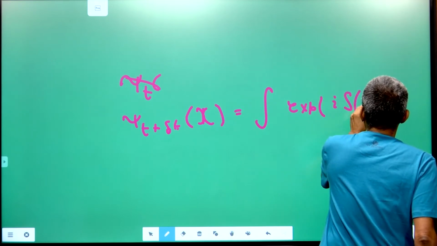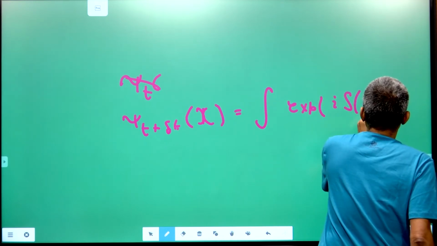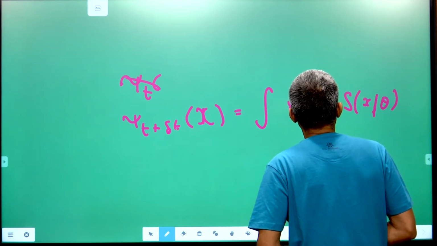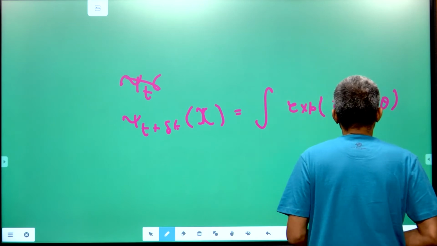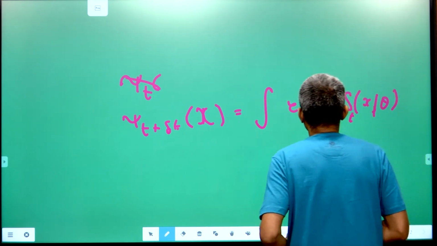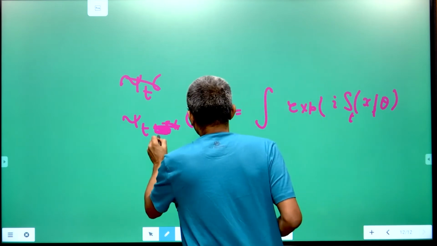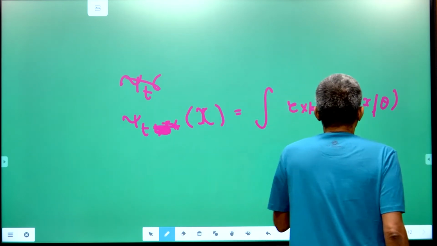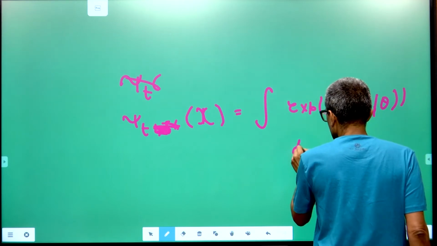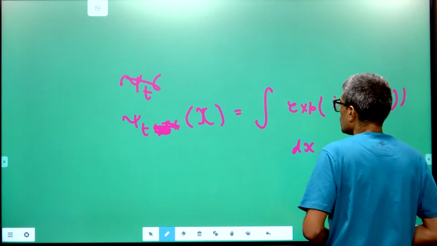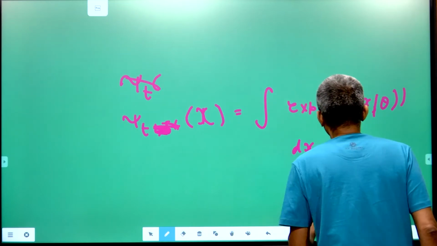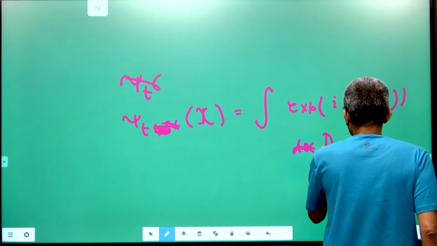So, it can be written as S of x given theta. Okay, it depends on the entire path up to time t. So, you call it S_t, the path up to time t, say you call this psi t at x, okay. And then you put dx, so this gives you the transition probability.